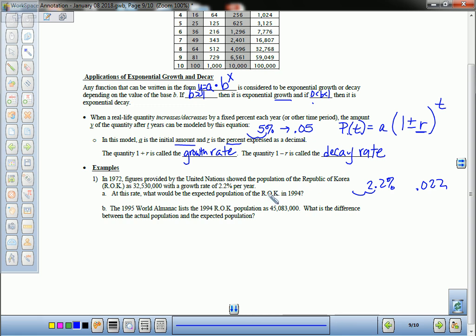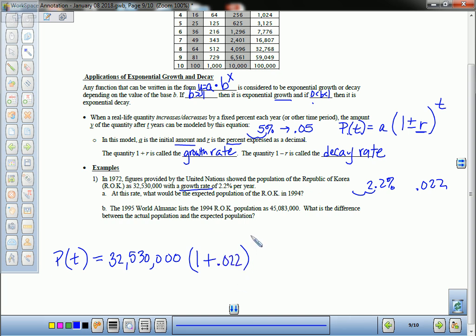So to answer this question, we need to model this situation. The population with respect to time is that initial population, 32,530,000, times the growth rate, in this case 1 plus the rate because it's growing.